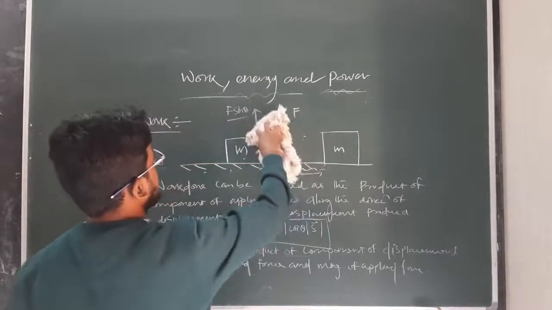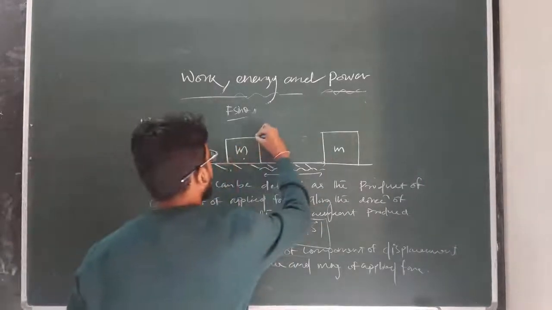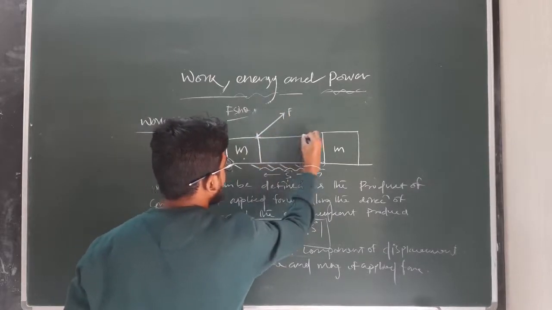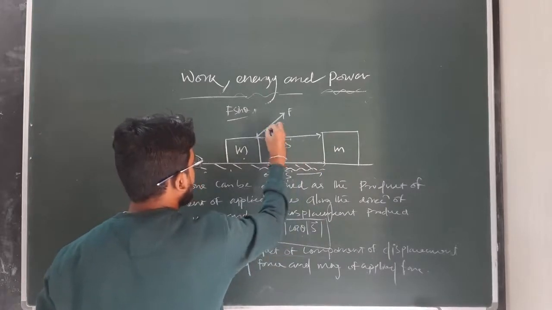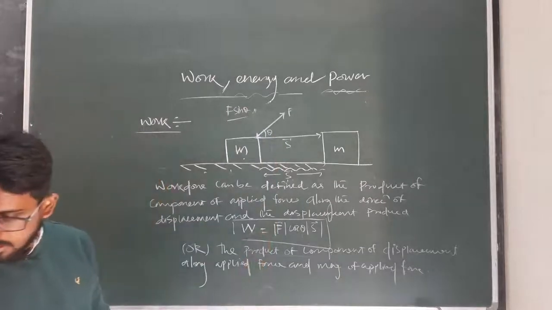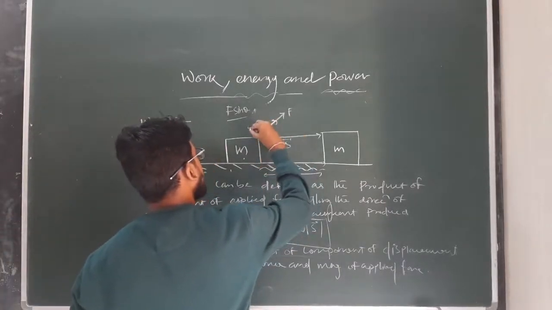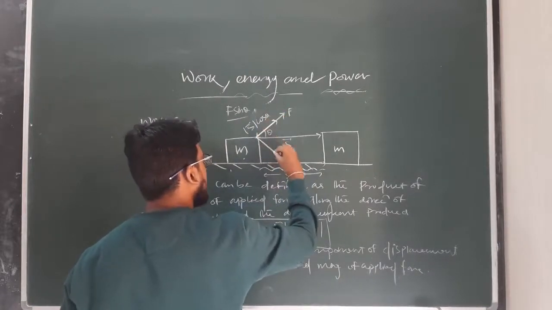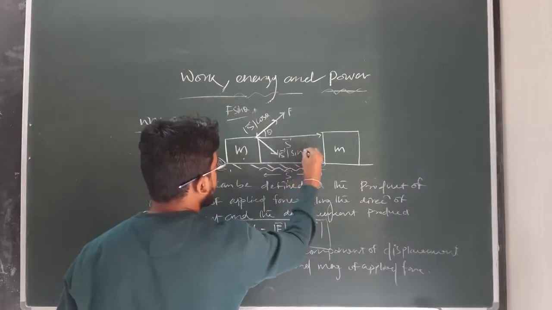redraw it like this. If this is the direction of applied force F and this is the direction of displacement produced due to the applied force S and the angle between them is theta. So now we can resolve displacement into two components. One is along the direction of applied force, let this is S vector mod cos theta, and the other one is perpendicular to the direction of applied force, that is S vector mod sin theta.